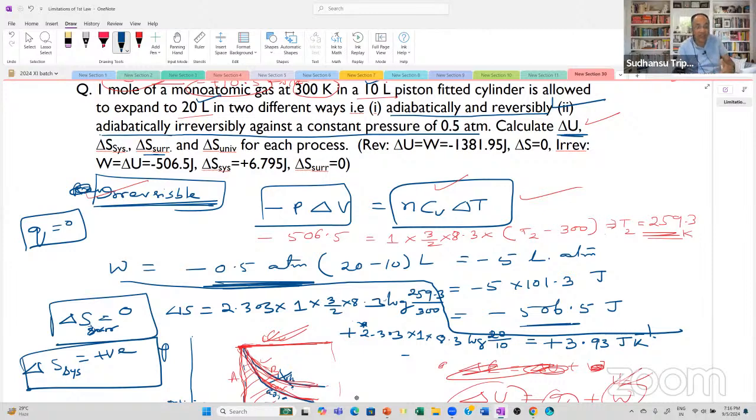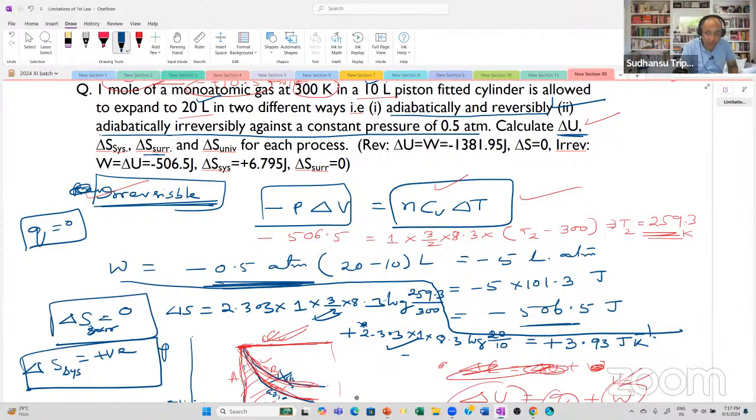So you realized that in an irreversible process, there has to be an increase in the entropy of the system, because surrounding will have no change in entropy. In the reversible process, you will see that these two terms will cancel each other and del S system will be 0. So also del S surrounding will be 0, because in a reversible expansion the temperature drop will be more.